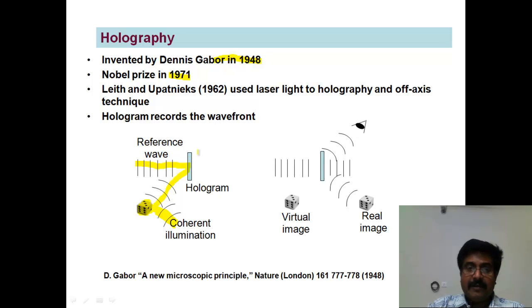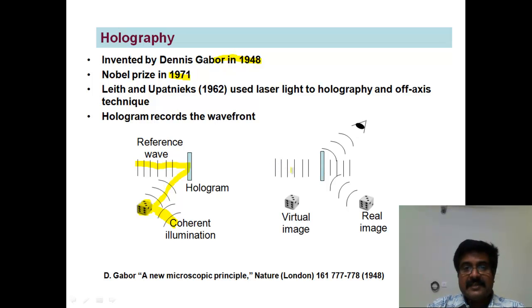And develop the transparency. So this is the photographic emulsion. A wet chemical processing is involved, and replace it exactly where it was kept earlier. And now we don't have the object.